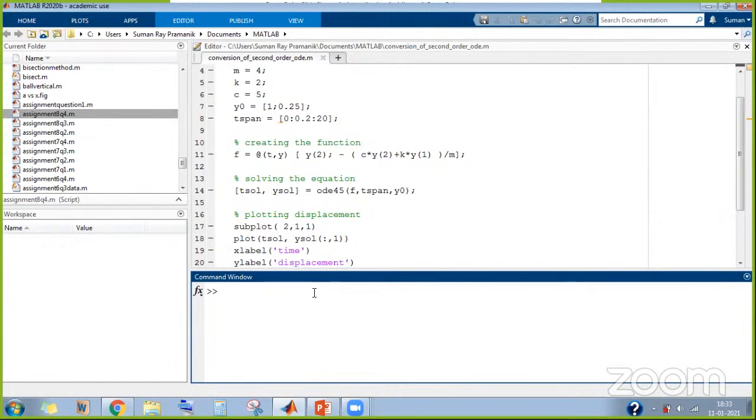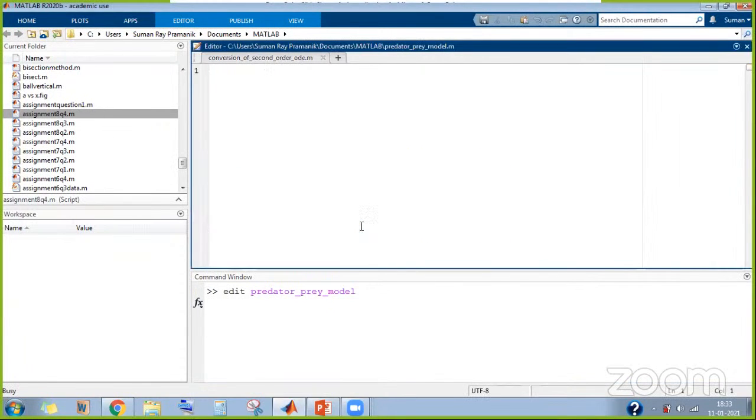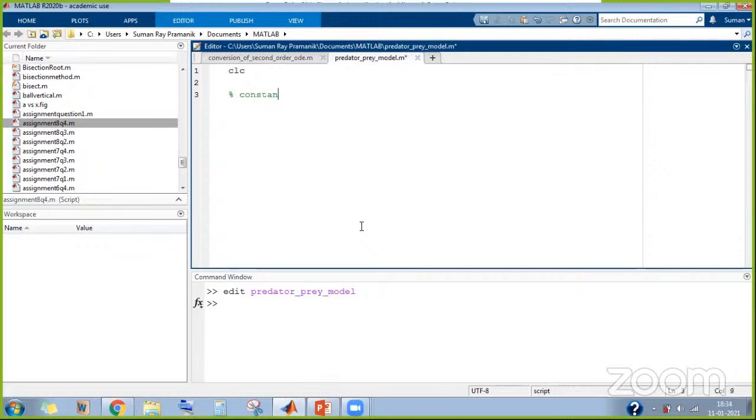Okay, so let me clear this. Now what name should I give this? Okay, let me name it predator prey. We'll firstly provide the constants that have been given to us.